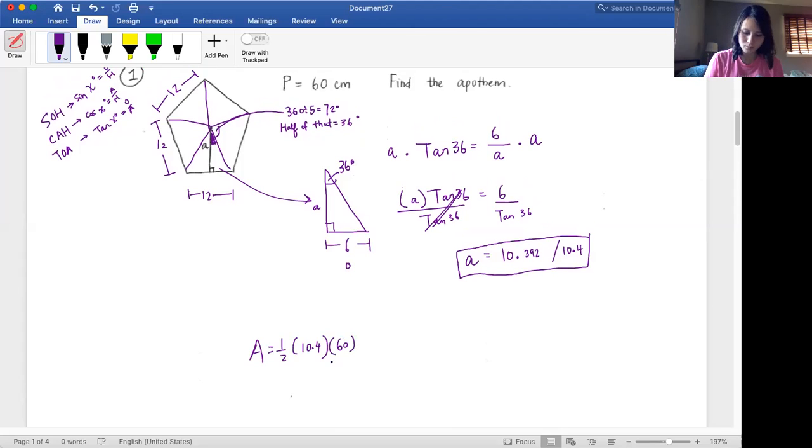So 10.4 times 60 times 1/2, the area is about 312 units squared. I didn't give you the units on this one. So units squared. Okay, so let's try another one.